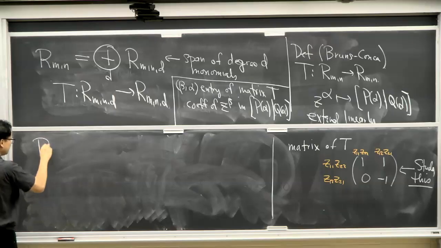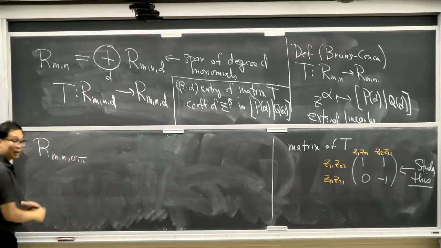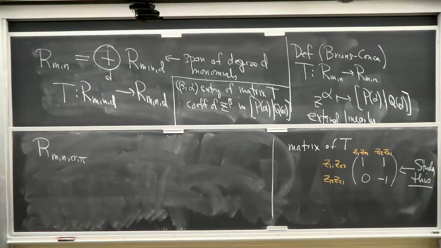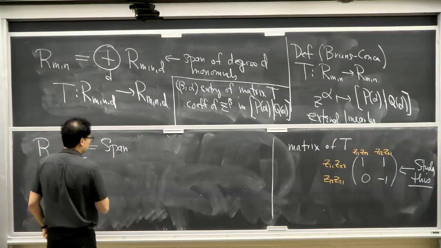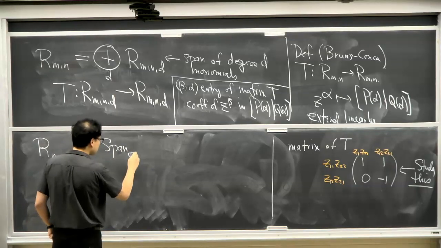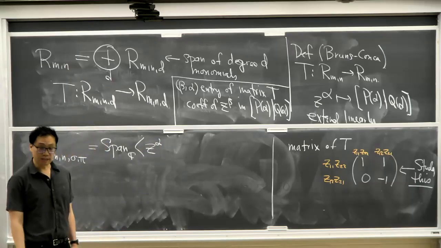Okay, so with that, let me define another subspace that depends on input of sigma and pi as well. It is just going to be the span of all C alphas where alpha is a contingency table.